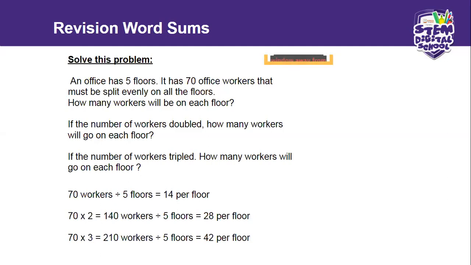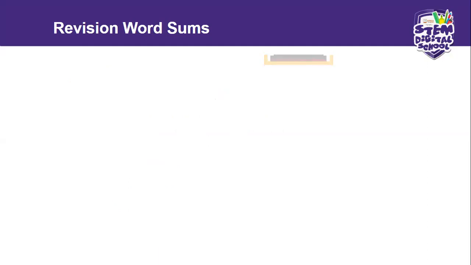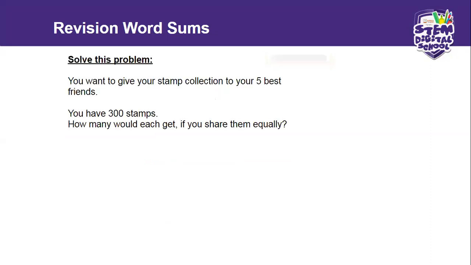Now we have to share the 210 workers amongst the 5 floors. We divide that by 5, and then it means that for each floor, we will have 42 workers. Any questions that you have, remember to jot it out, and then we will work them out.